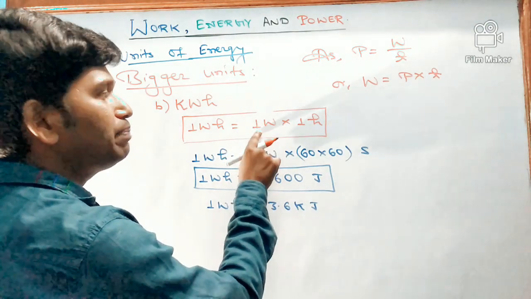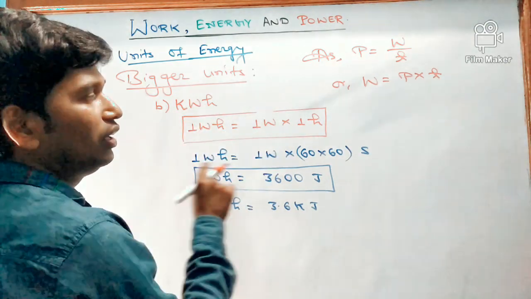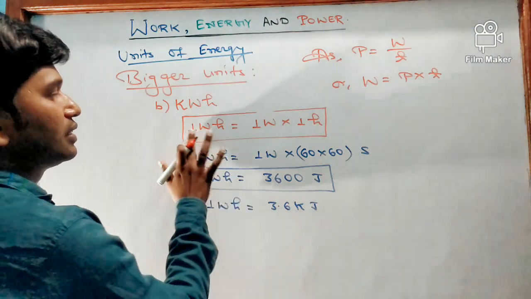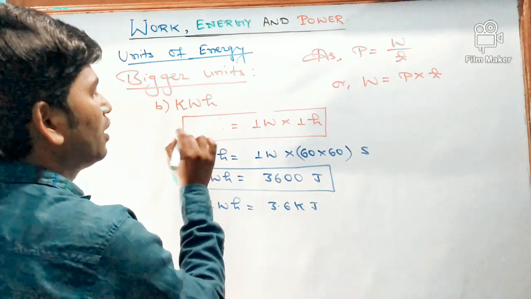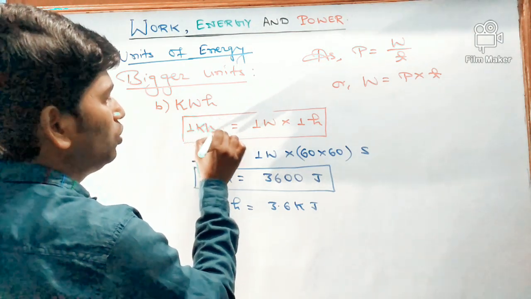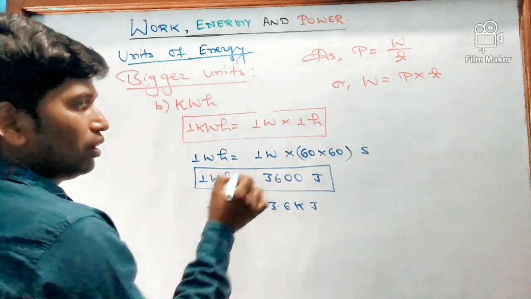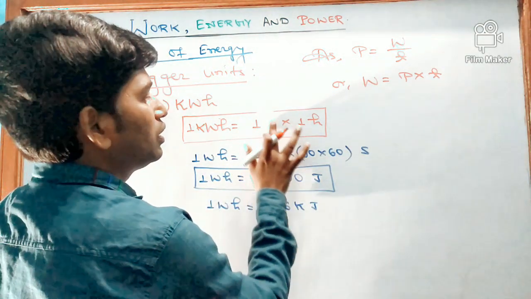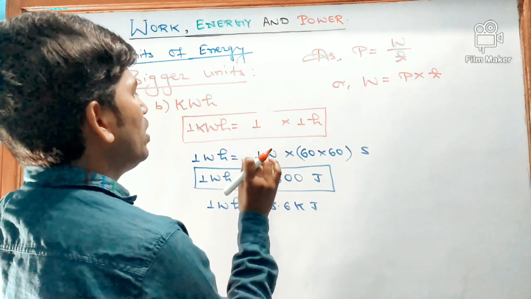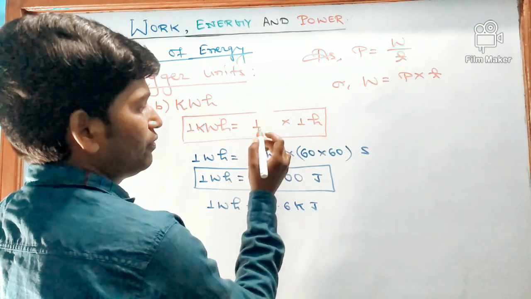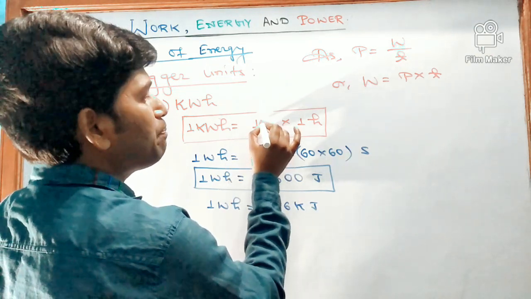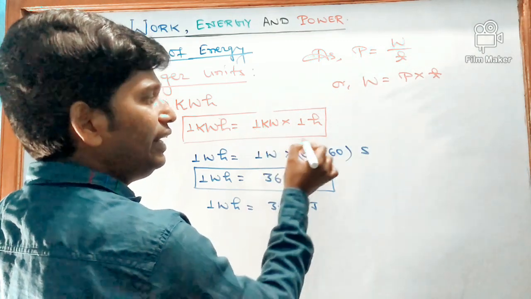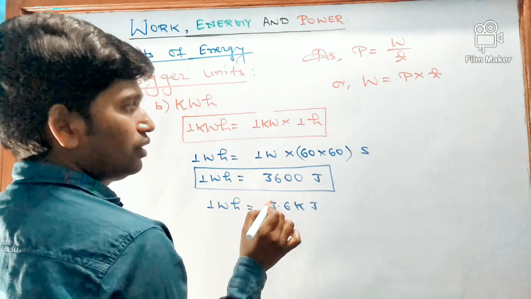Now if the power spent is 1 kilowatt, then it becomes the kilowatt hour. The energy spent by a source is said to be 1 kilowatt hour if the source spends a power of 1 kilowatt in 1 hour.